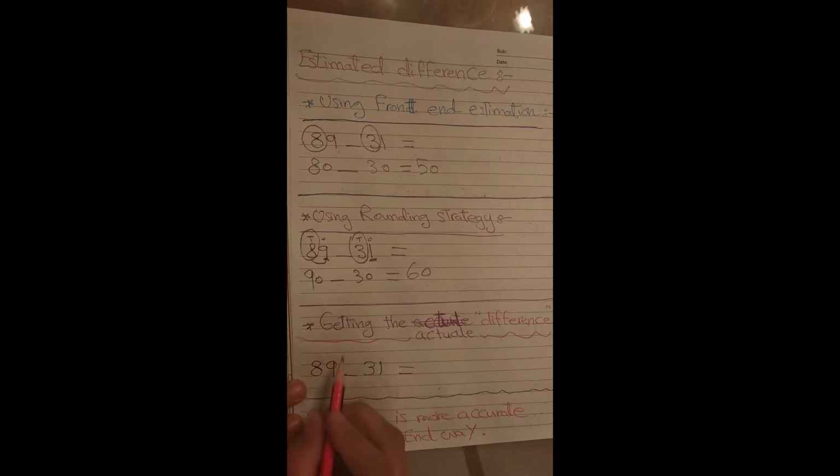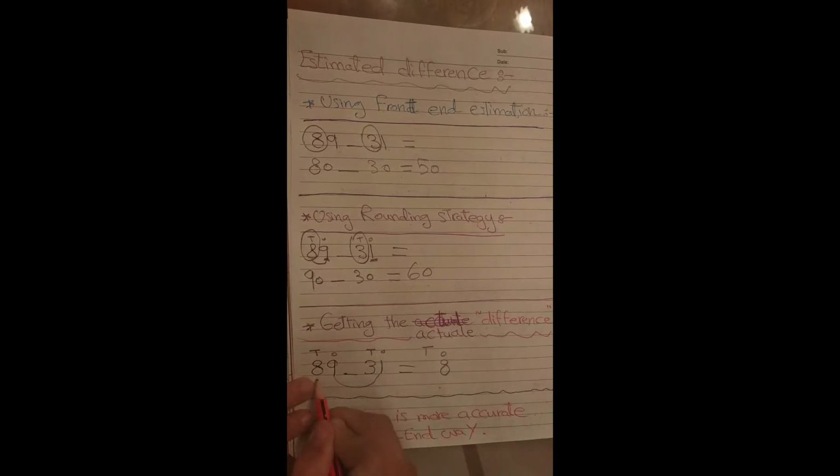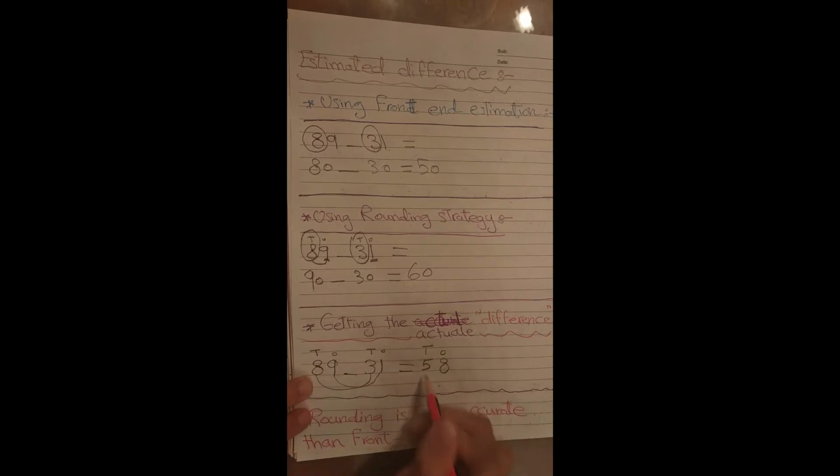To get the actual difference, I will subtract ones first. I have here 9 minus 1 equals 8, and 8 minus 3 equals 5. So the actual difference will be 58.